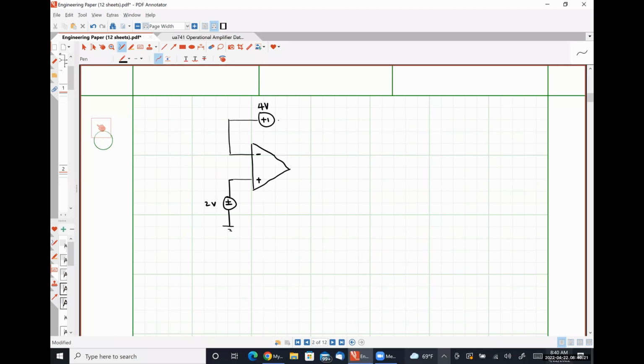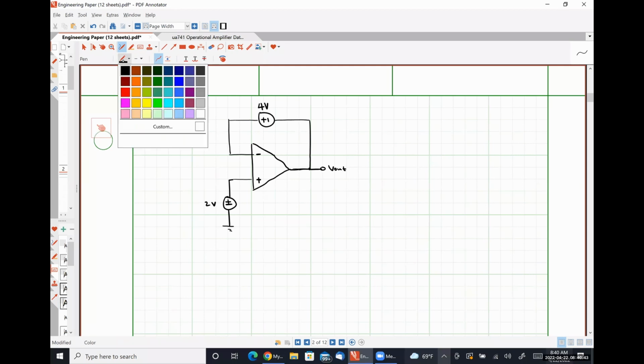A 4-volt source like so. And then here is the out. Okay.